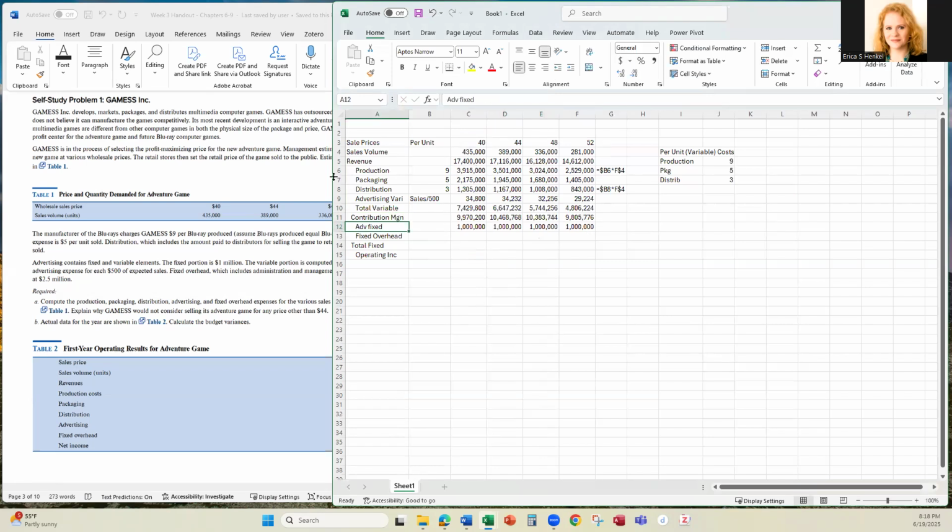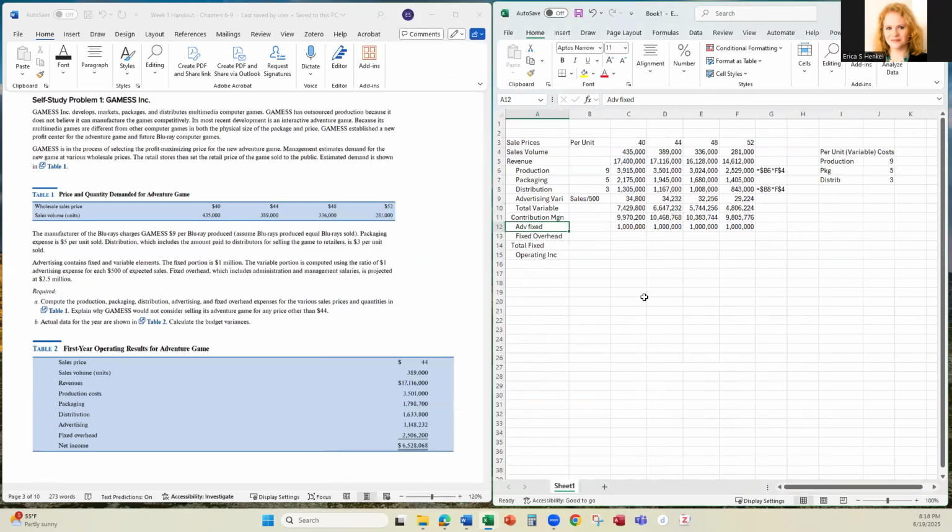And then for advertising, I have $1 million in fixed across the board here. And then for fixed overhead, which is administrative salaries, it's going to be 2.5 million. Okay. And then total fixed costs then, 3.5 million.